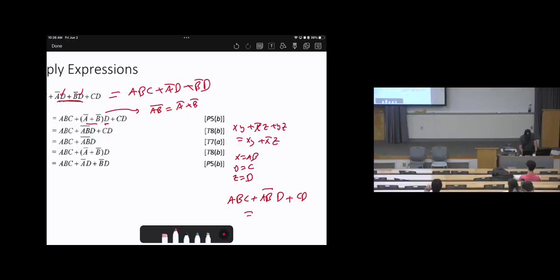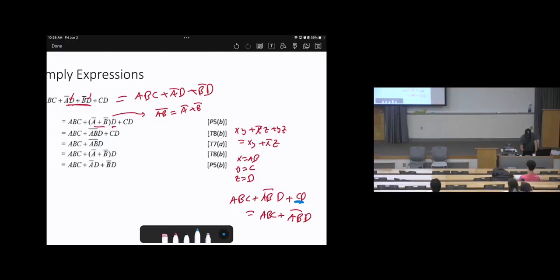It will equal ABC plus (AB) bar D, which means this term will be neglected. And that's how we obtain this value.